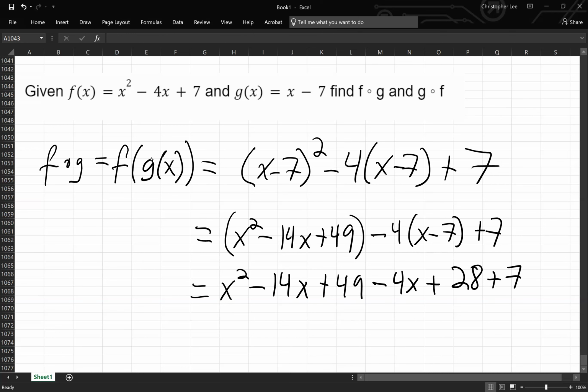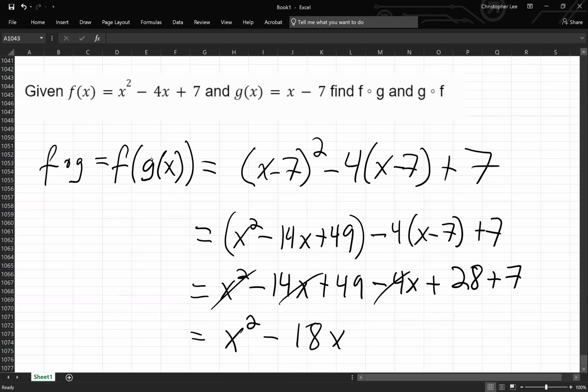Right? Combine like terms. This is x squared. Then we have minus 18x. Then we have 49, right? Plus 7, that's going to give me 56, and then 56 plus 28.